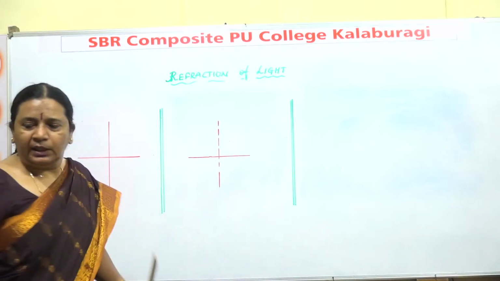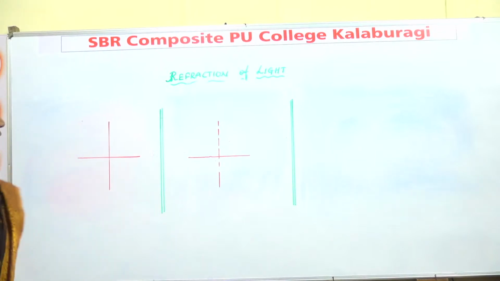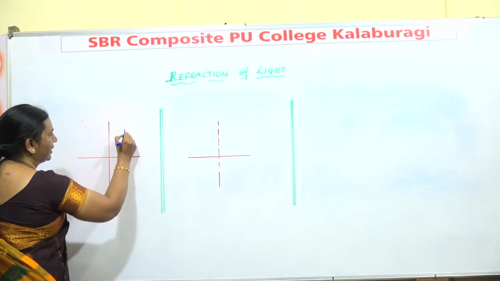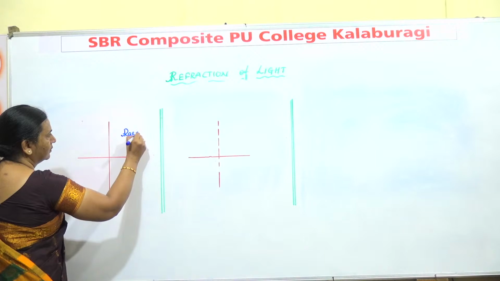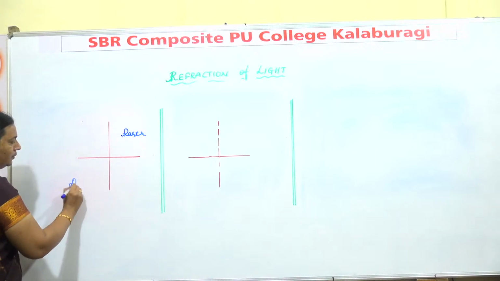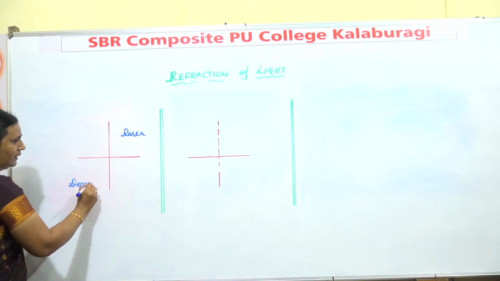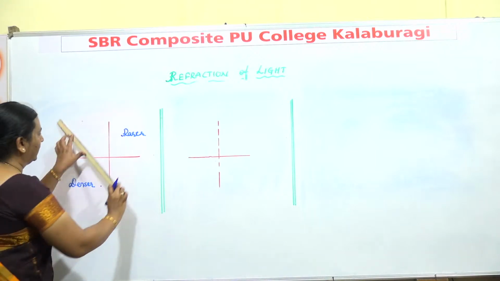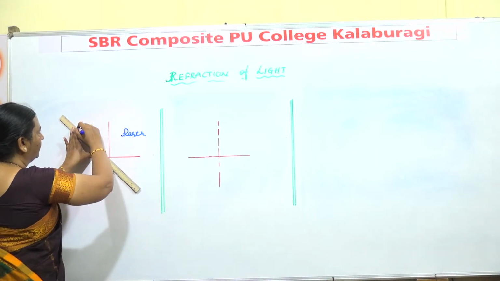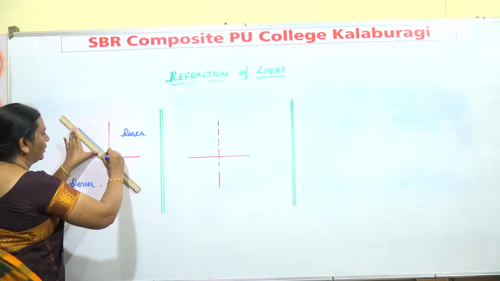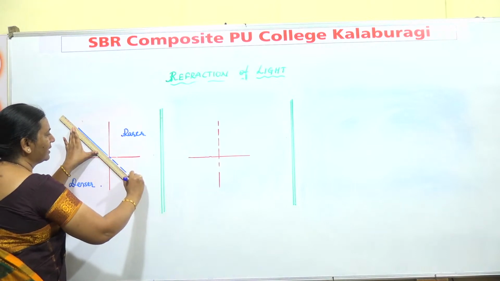Well, if the light is traveling from rarer to denser medium, we know that light is going to bend towards the normal, instead of traveling in the straight path.